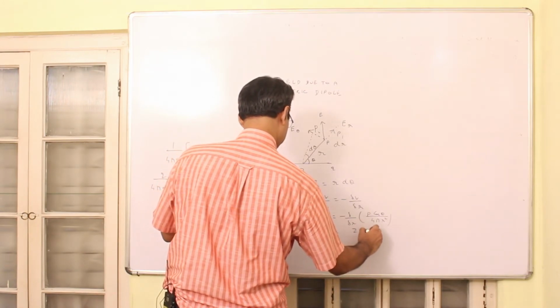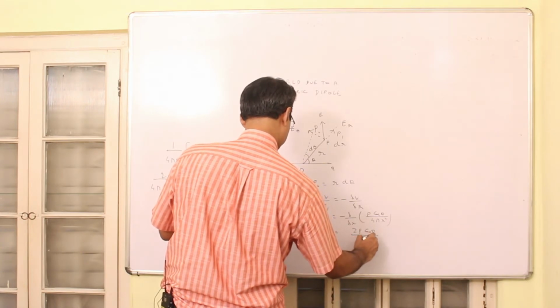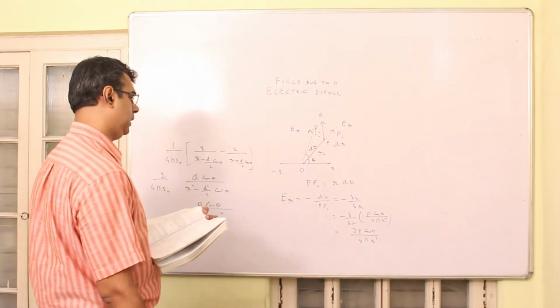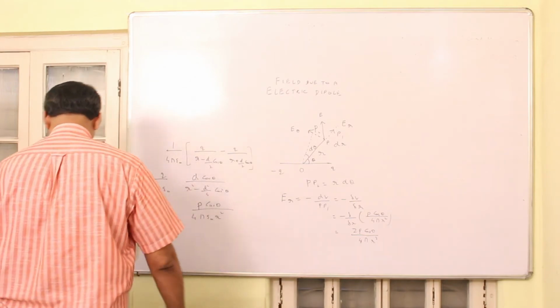So this will give 2P cos theta divided by 4 pi R cube. So ER will be 2P cos theta divided by 4 pi R cube.